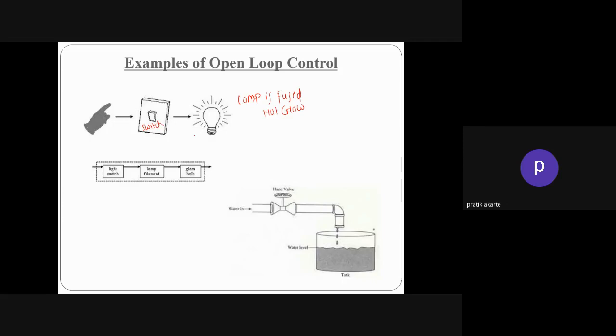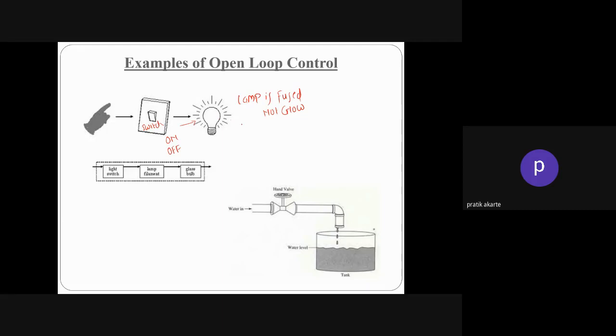No. The controller only knows that the switch has two positions, on or off. In the on condition, irrespective of whether the light is glowing or fused, the switch continues to supply electricity to the light.